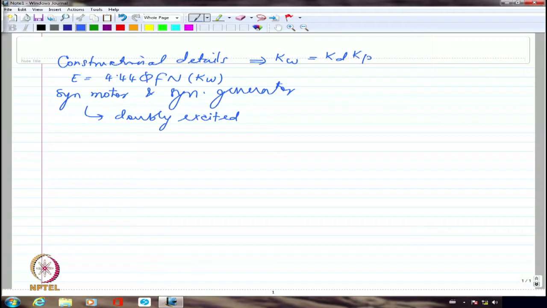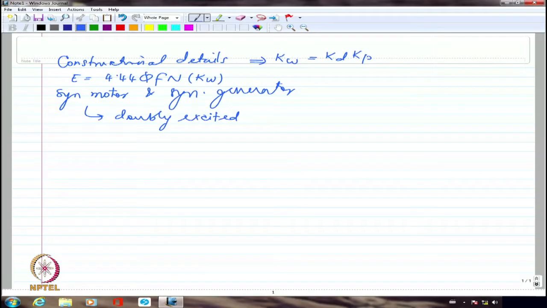Armature is going to get a three-phase supply, field is going to get a DC supply, and field is going to be dragged along with the armature revolving magnetic field. So, the armature revolving magnetic field essentially drags the rotor along, and that is the reason why the rotor has to rotate at synchronous speed or it cannot rotate at all.